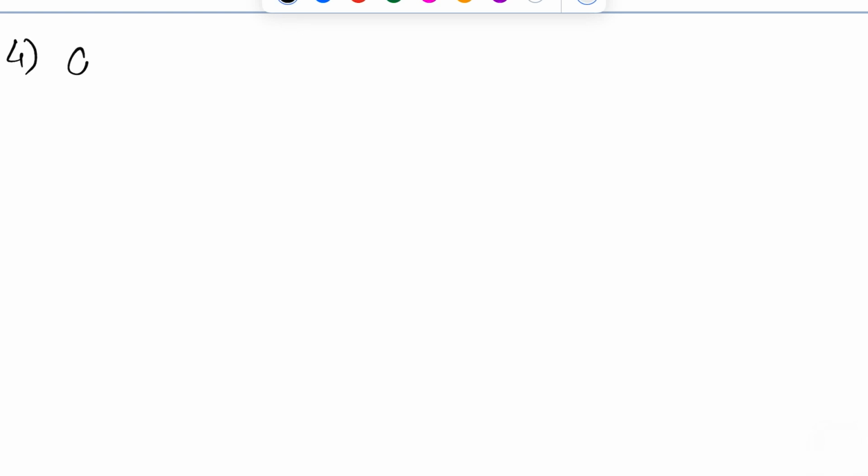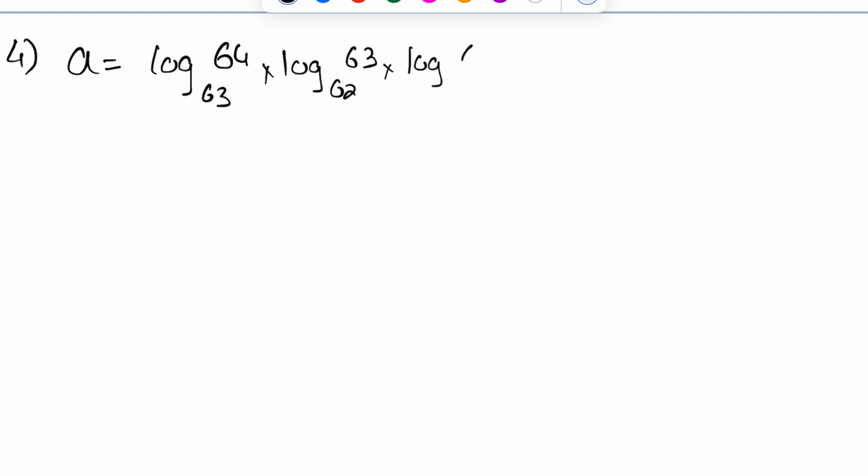Simplify this or find the value of A when A equals log 64 to the base 63 times log 63 to the base 62 times log 62 to the base 61, and so on till times log 3 to the base 2, where a belongs to z. Find a.